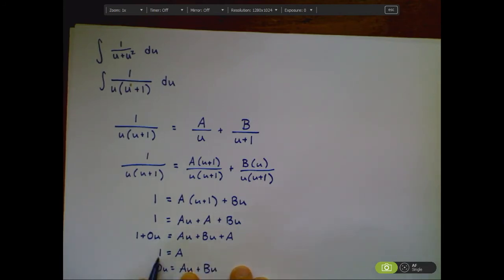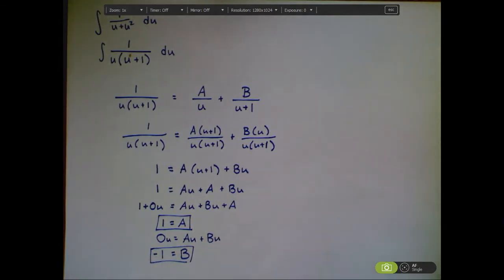We already know that A is equal to 1, so negative 1 is equal to B, because my coefficient here is 1, and I subtract it to that side. So these are our values for our partial fractions. Oh, sorry, I was off the board a little bit.